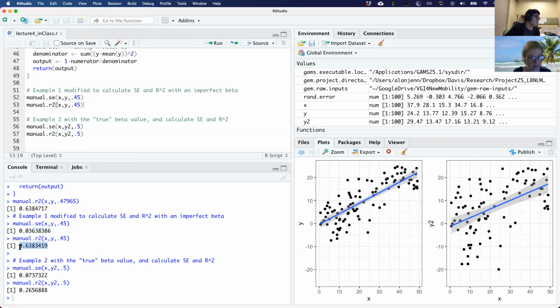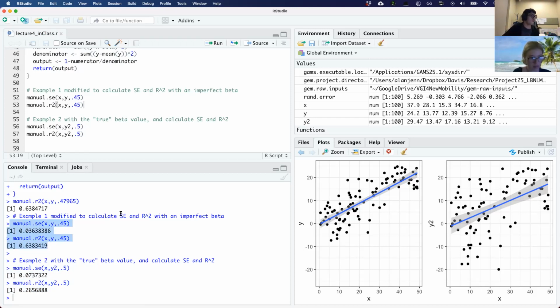And then if I look at the R squared, it's about 0.64, which some will argue is a fairly good R squared, compared to here where the R squared is about 0.27, which most folks might say is not the best R squared. And so you may actually be tempted to say that example 1 has a better model than example 2.